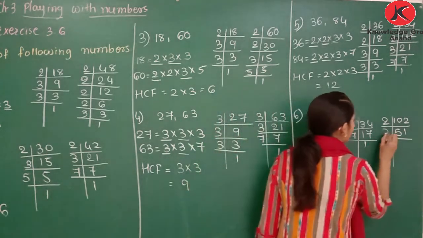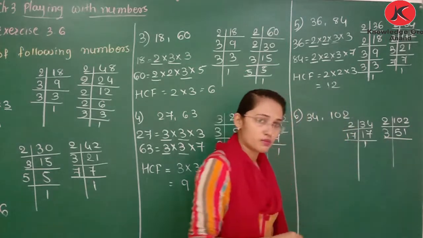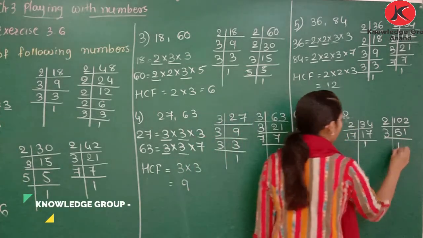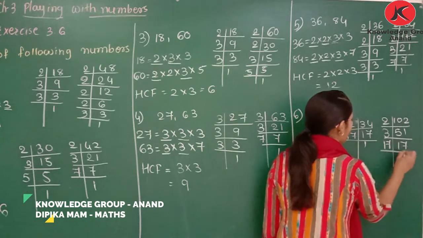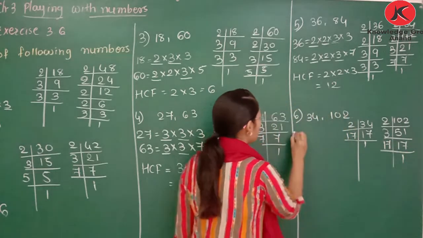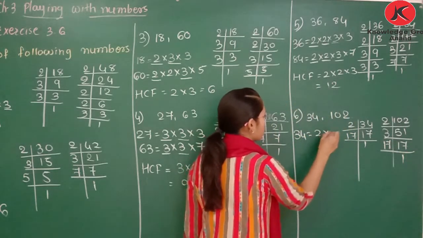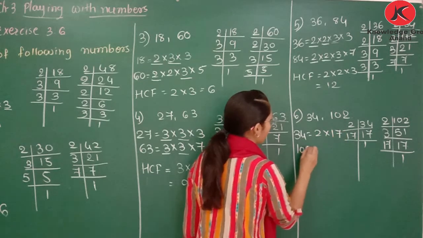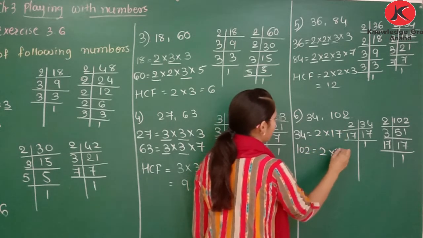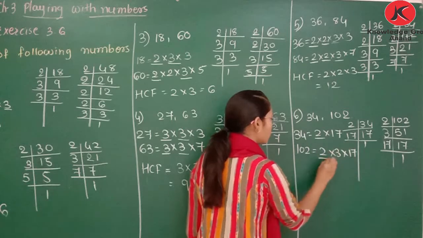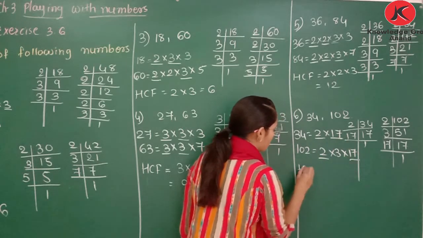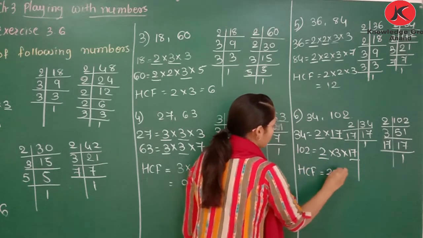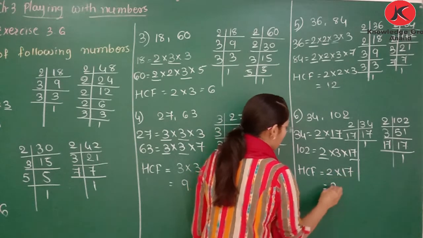Now 51 is divisible by 3, so 17 3s are 51, 17 1s are 17. So factor of 34, 2 into 17, and factor of 102 is 2 multiply 3 multiply 17. 2 common, 17 common. So HCF will be 2 multiply 17, that is 34.